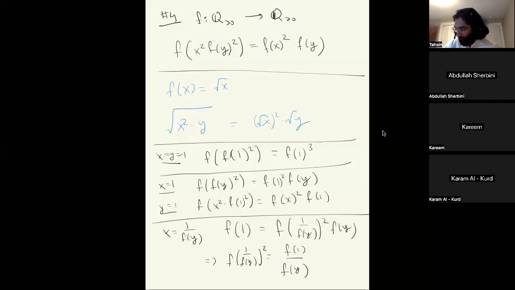This is a very curious looking thing. Any idea how we can use this? Replacing y with 1. So let's put y equals 1, and that will tell us immediately, great, that's a good one.